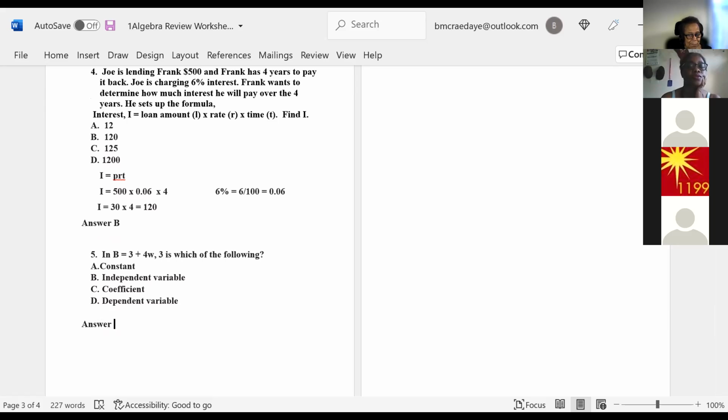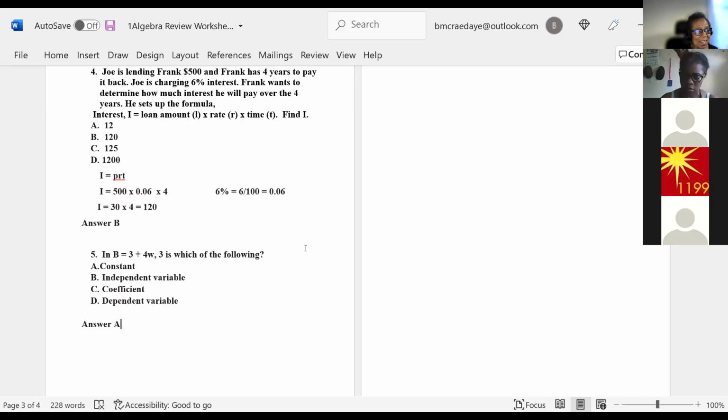B equals 3 plus... 3 is the dependent? No. The independent? No. It's the constant. Yes, constant.